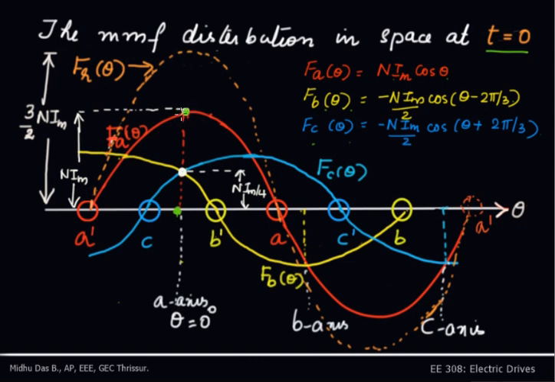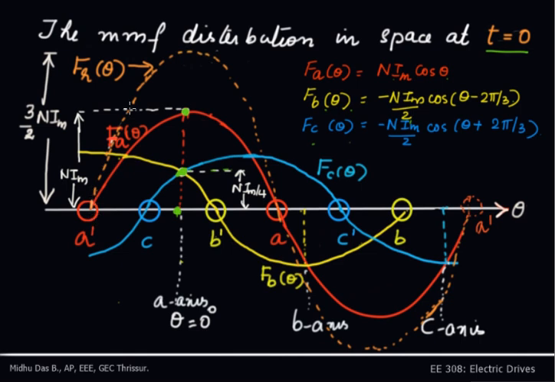And you see, this is 3 by 2 Nim, this is Nim, this is the A phase MMF wave. The B phase MMF wave at this instant t equal to 0 is minus Nim by 2 cos theta minus 2 pi by 3, or you have Nim by 4 here, the magnitude here. And the C phase MMF also has a magnitude of Nim by 4 along theta equal to 0, and this is how it varies.